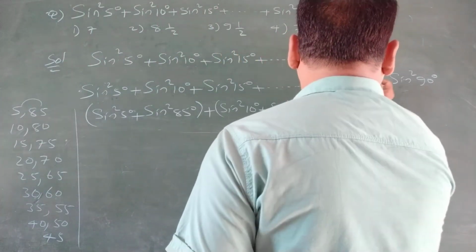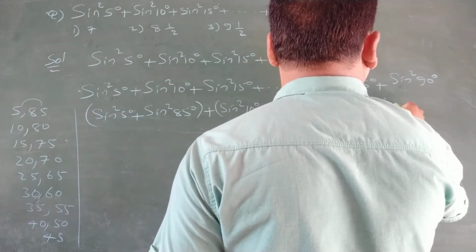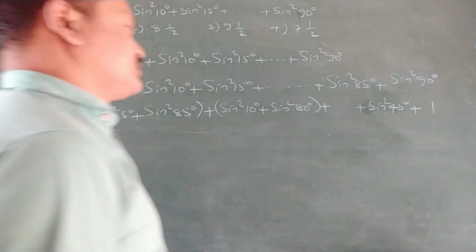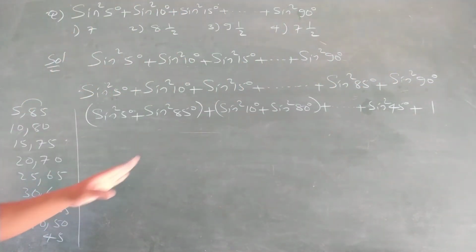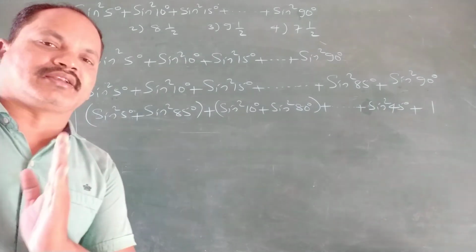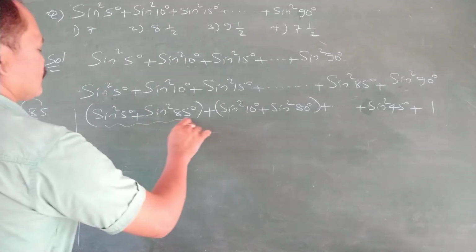In between, only sin square 45 is there, single, plus sin square 90, which is 1. Are you clear? Since 5 and 85, like that up to 40 and 50, and 45 is single, one angle with one function, that's why each bracket here is 1.